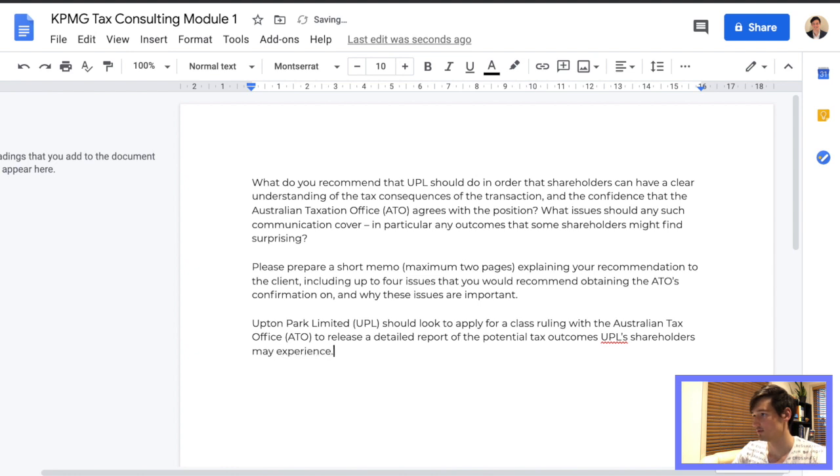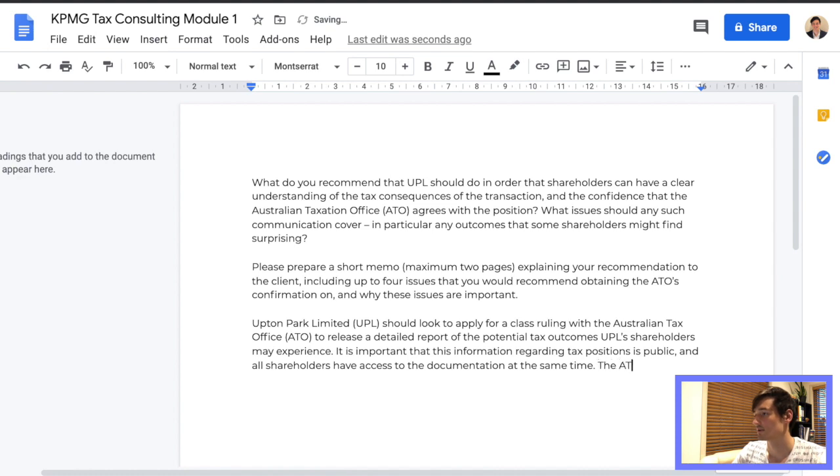Basically, what I'm trying to write here is we want the ATO to release, we're suggesting that UPL gets in contact with the ATO to release a kind of report, the same class ruling that we saw with Qantas Airways, that advises on tax outcomes for UPL shareholders in regards to the share buyback that they're talking about in the task.